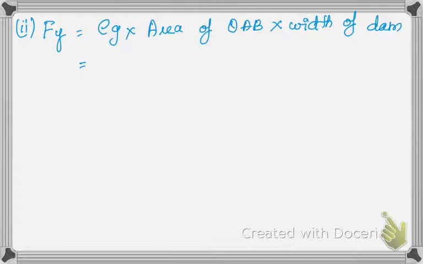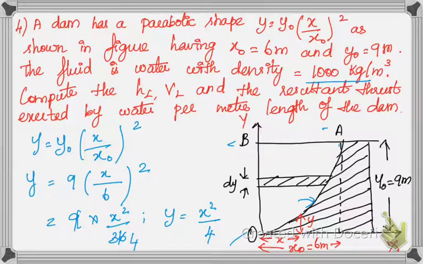But one thing is that we know the equation. So what I am going to do is take a small strip on it, and integrate it to determine the complete area. And we know the limits: at x is equal to 0, y is going to be 9 meters.